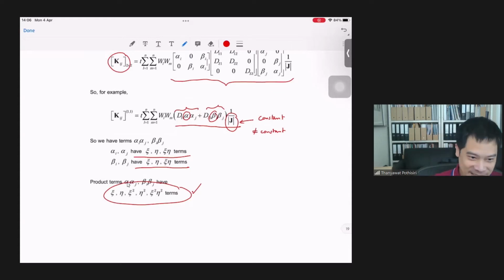So in this case, the order of polynomial would be complicated. Okay, it wouldn't be this second order. You would end up with second order only for J being constant.